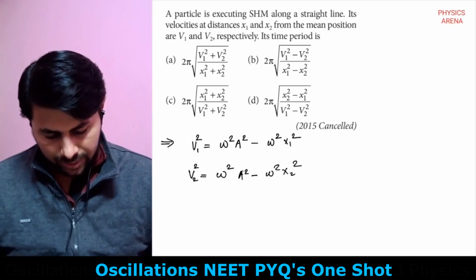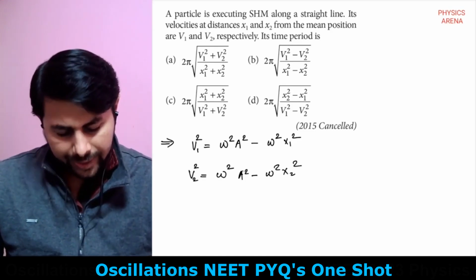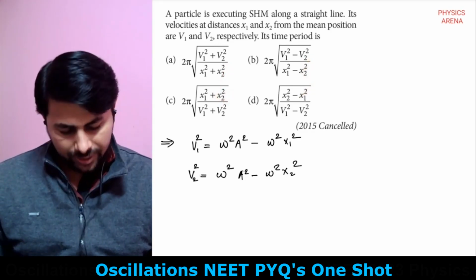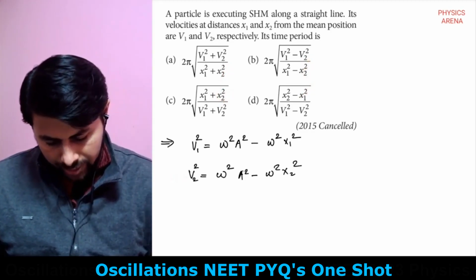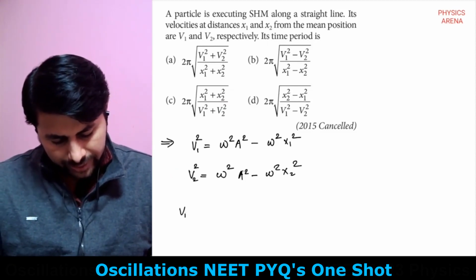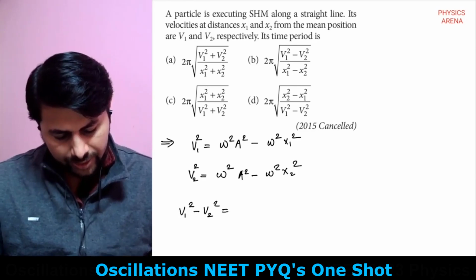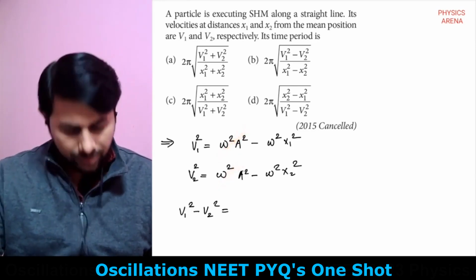Okay, now we want time period, and see there is no a in the final expression. We can get rid of it. We just have to subtract these equations. Okay, subtracting, what do we get? v1 square minus v2 square equals, so here this thing and this thing will get cancelled out.